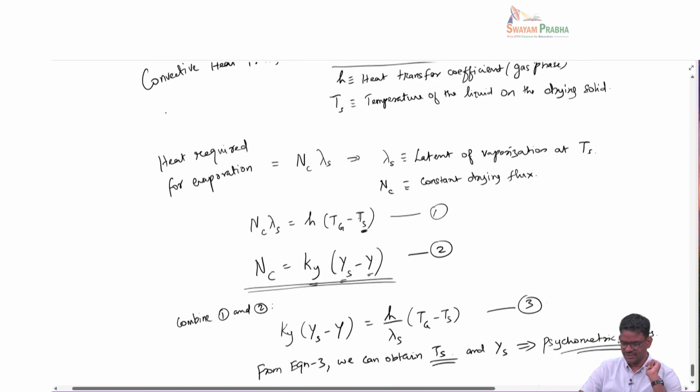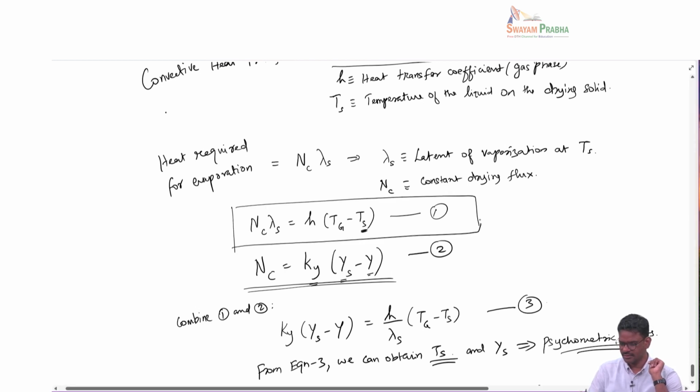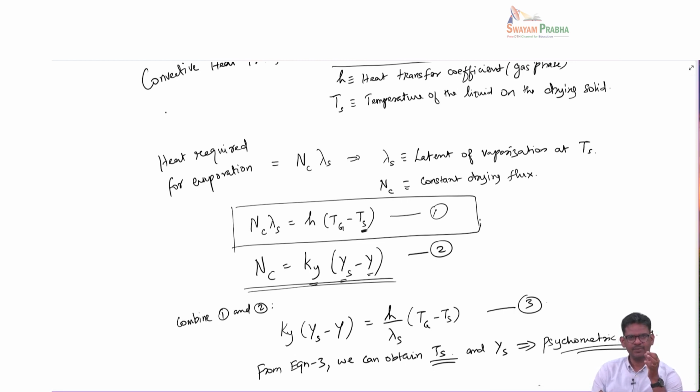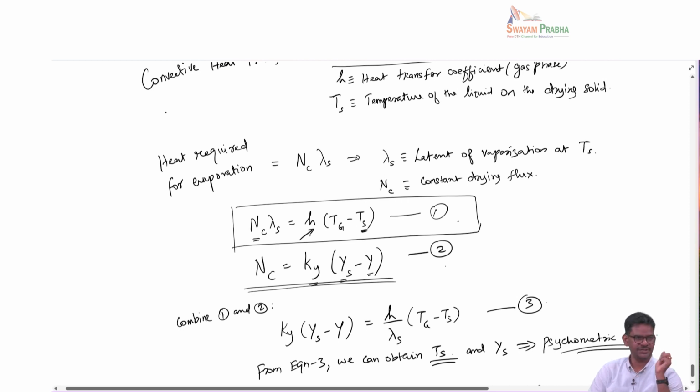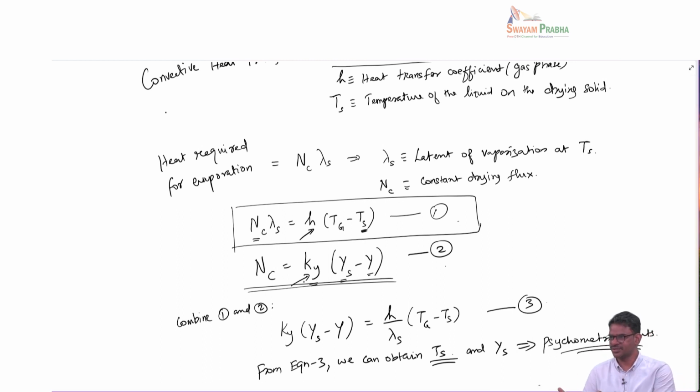One more thing you can see is that if you look at equation 1 and equation 2, the correlations available for heat transfer are far more numerous than those for mass transfer coefficients. So by looking at equations 1 and 2, I can find how Nc will change with respect to the drying conditions by looking at how H will change with respect to those conditions, or equally I can look at the mass transfer coefficient, because Nc is after all related by these two equations.